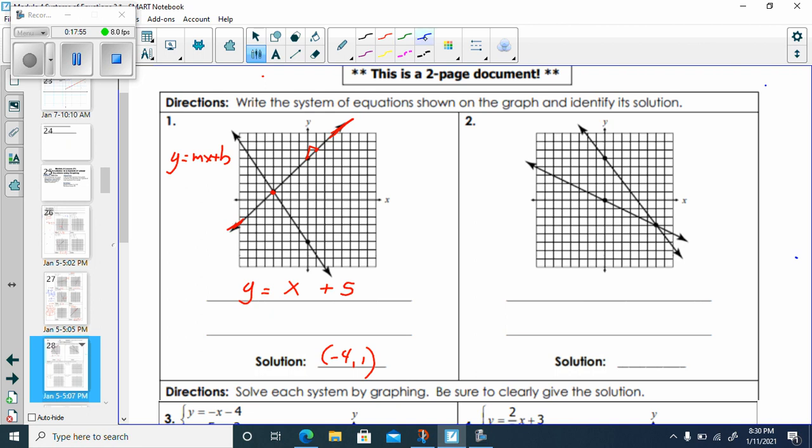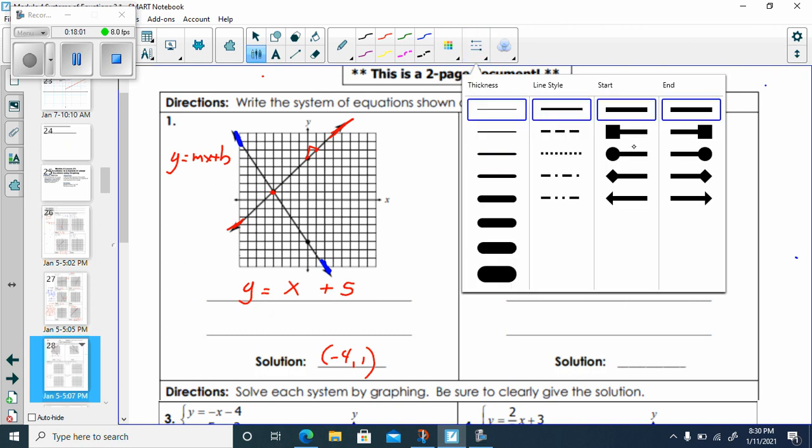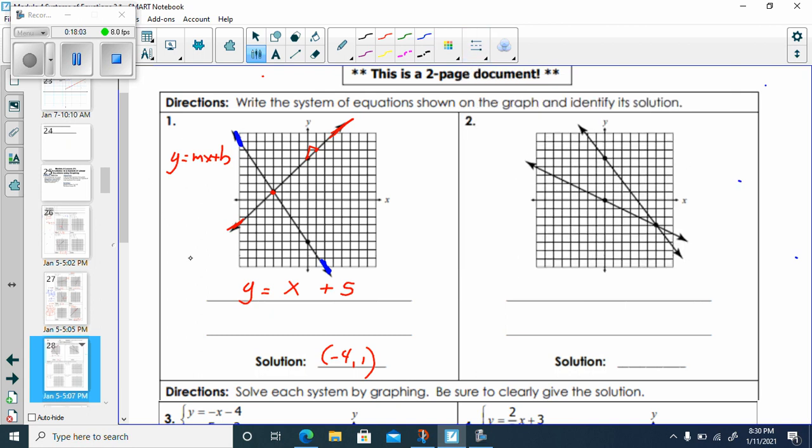Now let's find the equation for the other line, this blue line right here. Y is equal to mx plus b. Where's the b? The b is down here, at -5.